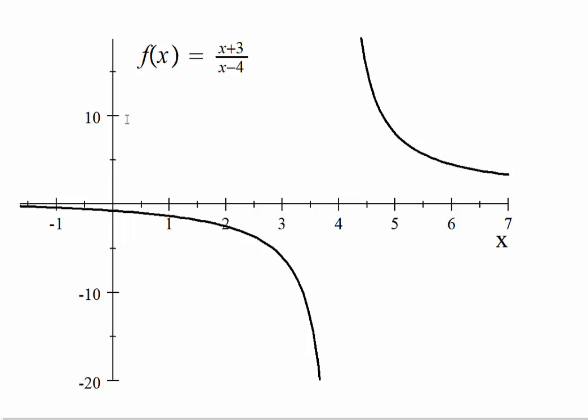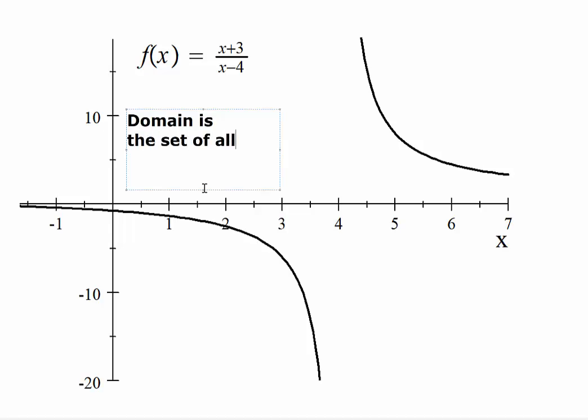So for the domain, we can say it is the set of all real numbers except 4, and we will see how to write this more formally in a minute.